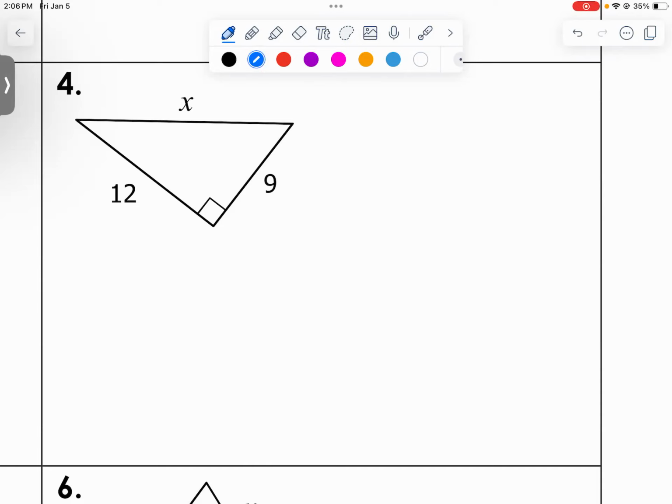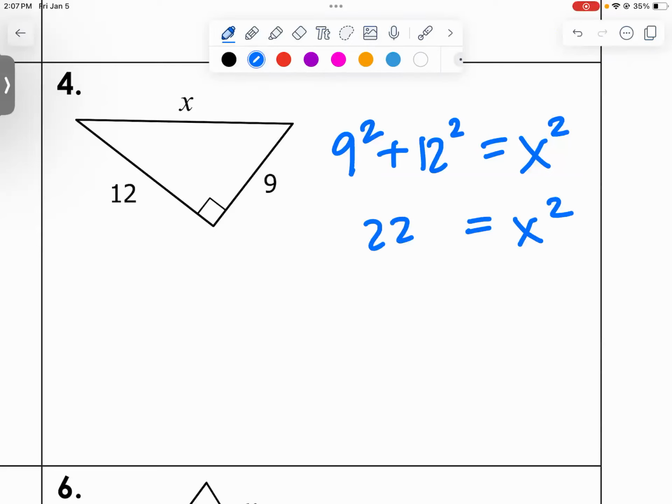Okay, Eli, how did you set up the Pythagorean theorem for this one? Give me a thumbs up or thumbs down. Do you agree with Eli? Ooh, double thumbs up over there. Okay, cool. Allison, if we take 9 squared plus 12 squared, what number do we get? 225.